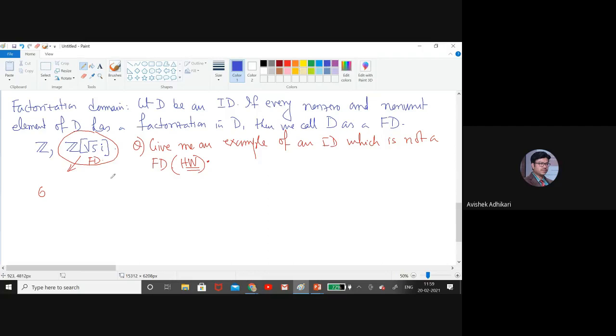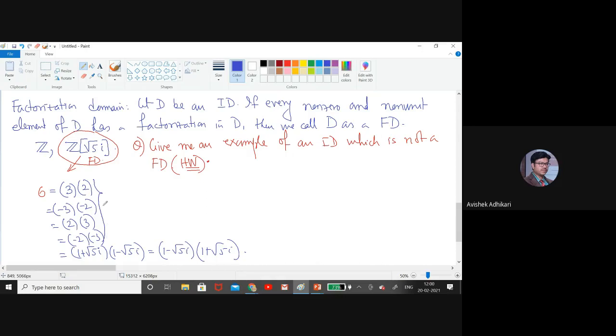Then 6 can be written as 3 times 2, or minus 3 times minus 2, or minus 2 times minus 3, or 2 times 3, or there may be two more options, 1 plus root 5i times 1 minus root 5i, or 1 minus root 5i first and then 1 plus root 5i.